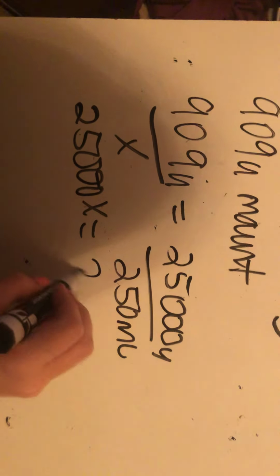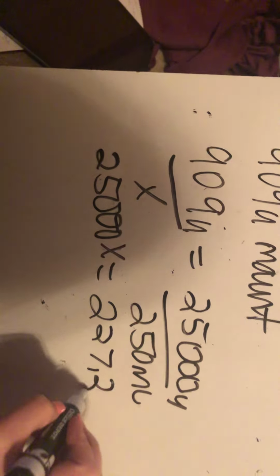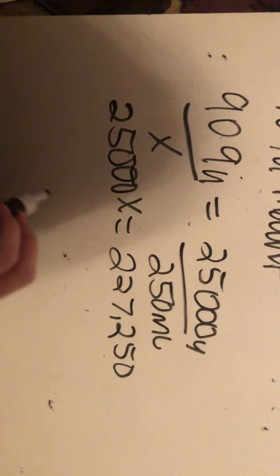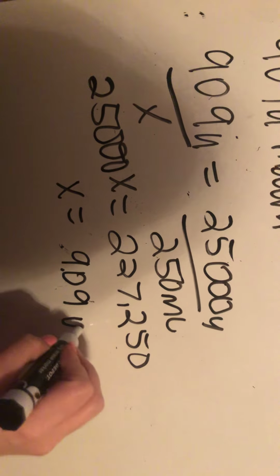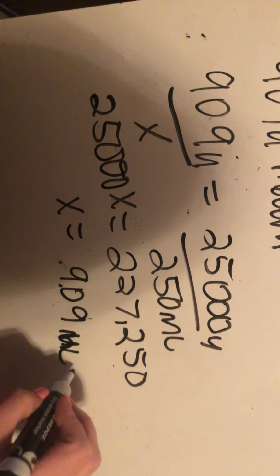And that's going to give us 227,250. And we're just going to divide both sides by 25,000. Which gives us 9.09 milliliters per hour. Okay.